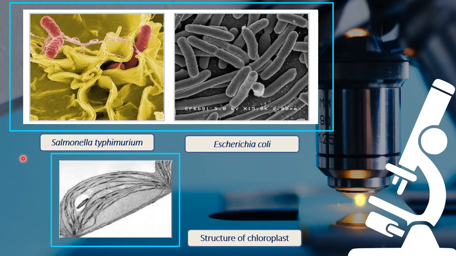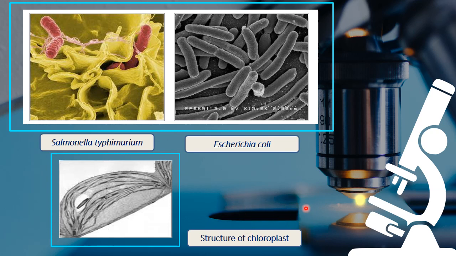For example, here are Salmonella typhimurium and Escherichia coli, examples of bacteria. You can see the shape of the bacteria, which is bacillus, and we can also see the detailed structure of the bacteria.